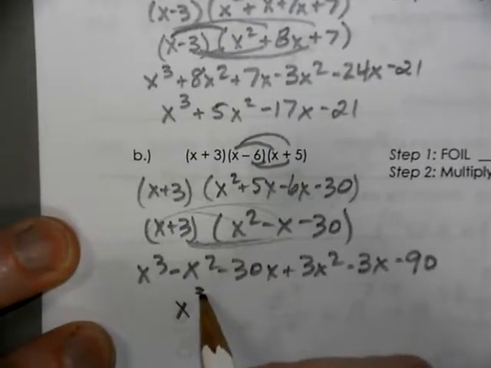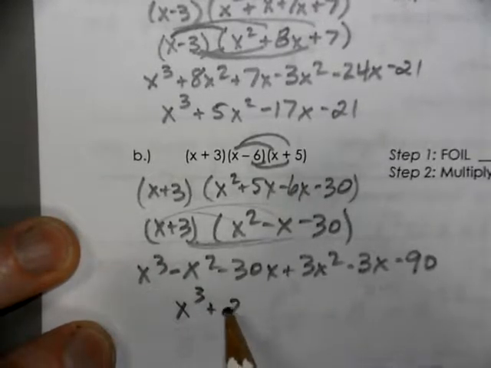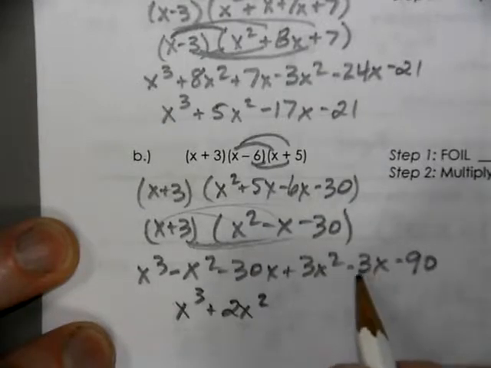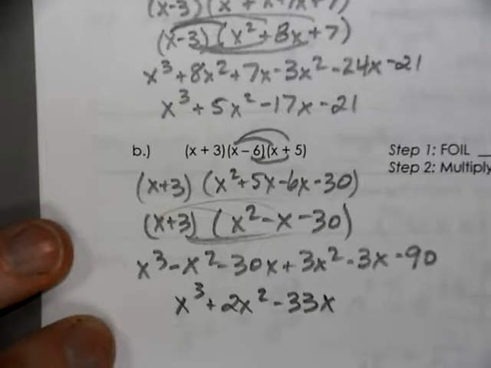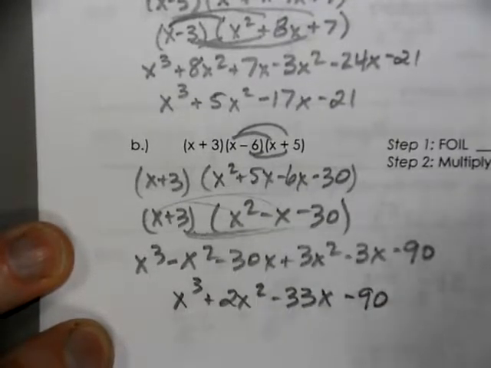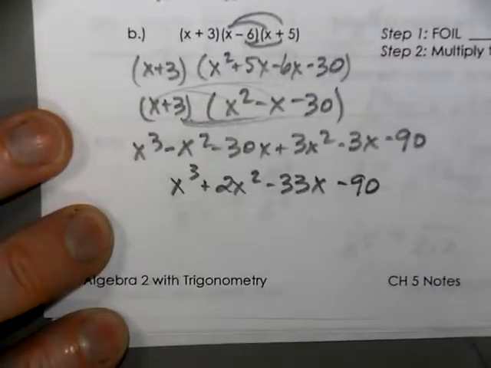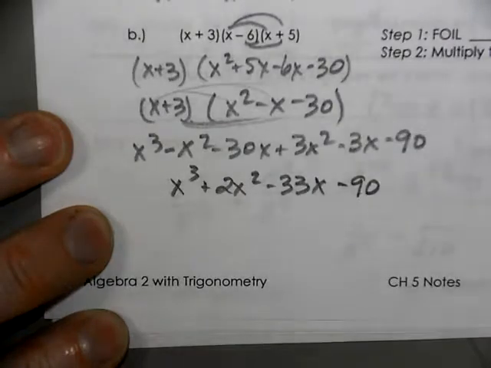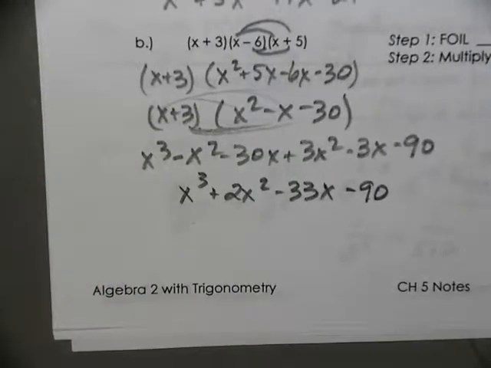So we have an x cubed, a 2x squared, a negative 33x, and a negative 90. Any concerns with that? Great.